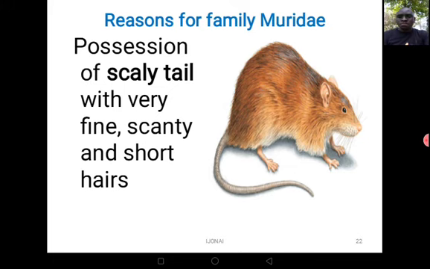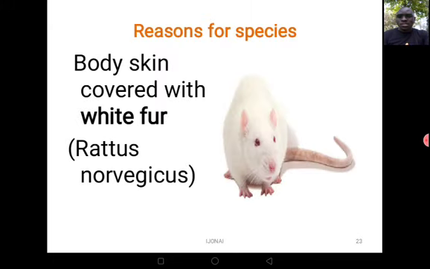And then the reasons for the species. If it is Rattus norvegicus, the white rat or the albino rat, we say that the body is covered with white fur. So when the body is covered with white fur and the animal satisfies all the other reasons from kingdom to family to order and so on, then you have the authority to call it Rattus norvegicus.